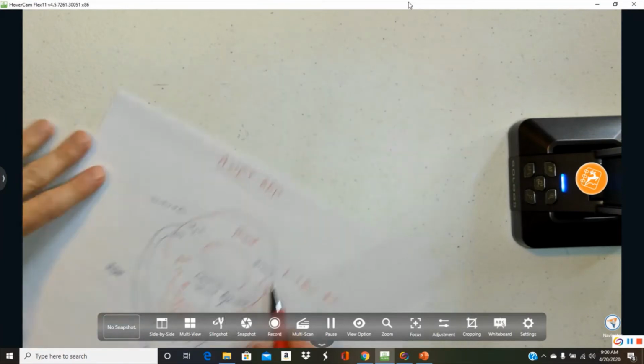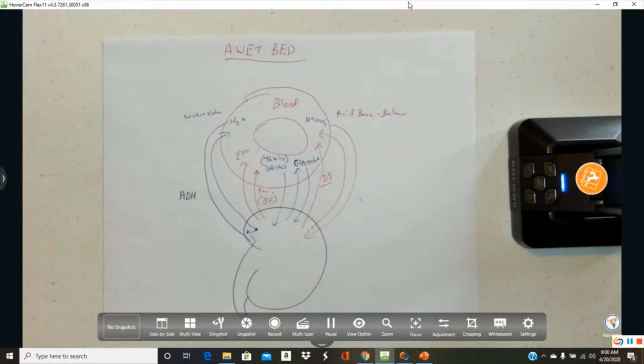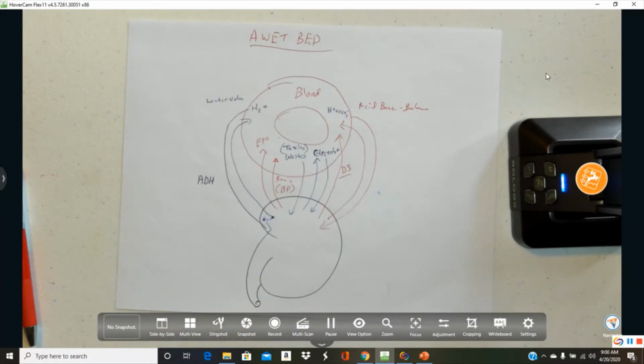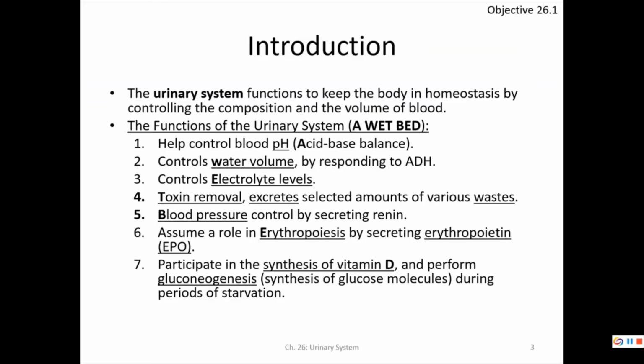So I'm going to just put vitamin D. D3 here is also used and synthesized with making us a wet bed. Okay, this helps make us a wet bed. Now, a wet bed here that we produced: acid-base balance, water volume, electrolytes, toxin removal, blood pressure control, erythropoiesis, and vitamin D, also gluconeogenesis as well.